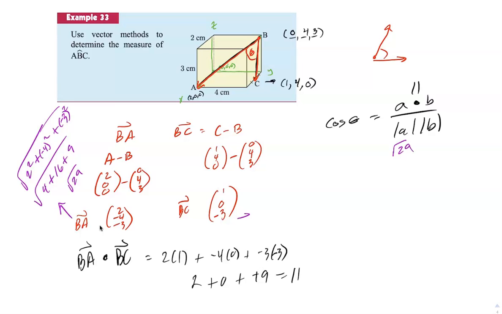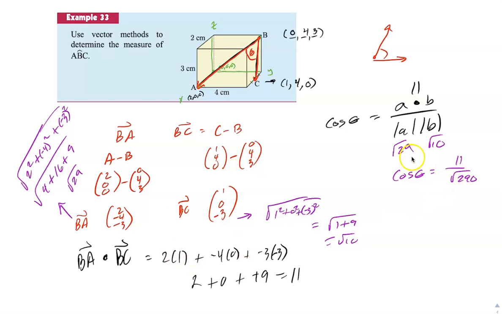Do the same thing here for B. I'm going to get square root of 1 squared plus 0 squared plus negative 3 squared. And I get 1 plus 9, or rad 10. I'll make it a little nicer so you can see it a little better. It's going to be 11 over radical 290, 10 times 29, keeping the radical. So we get that. So all we got to do now is put this on a calculator and get our answer.